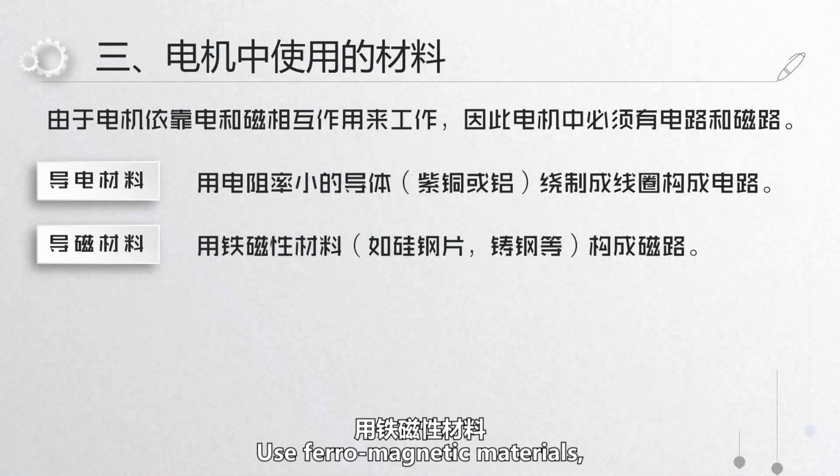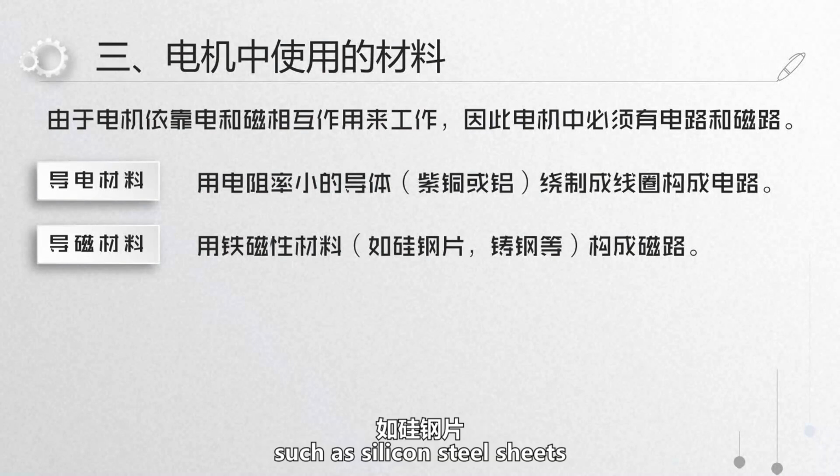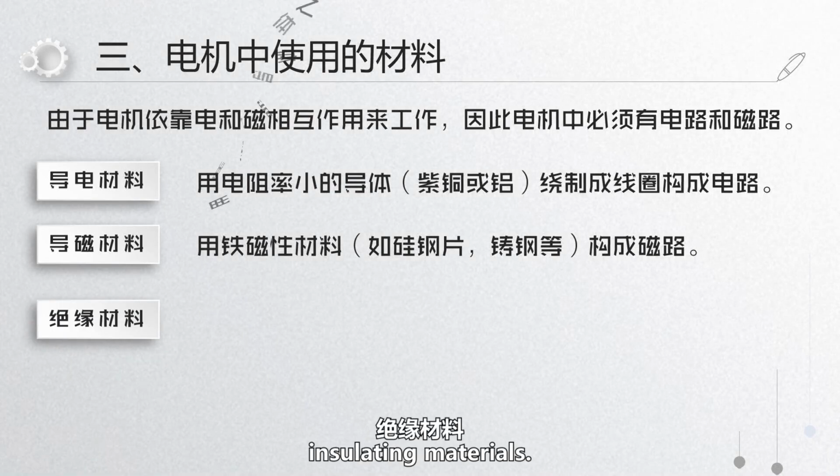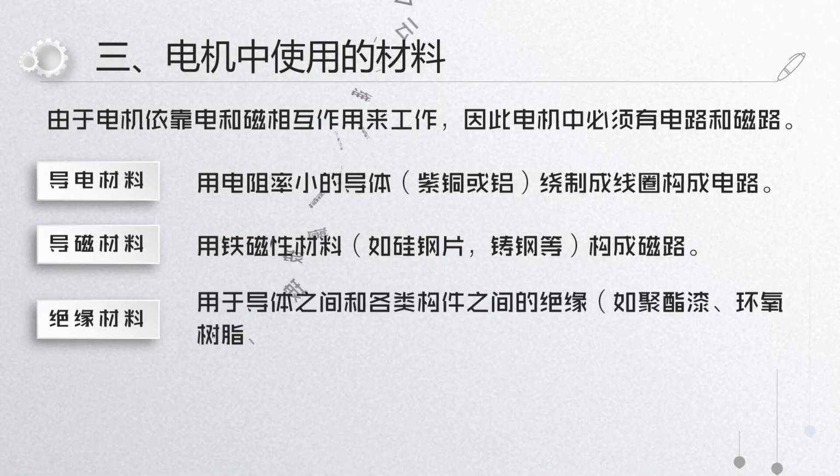Use ferromagnetic materials, such as silicon steel sheets and cast steel, to form magnetic circuits. 3. Insulating materials.